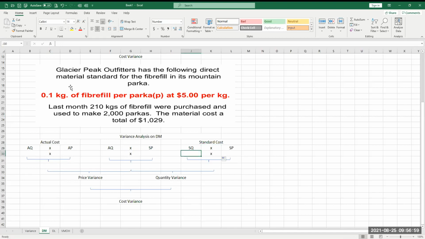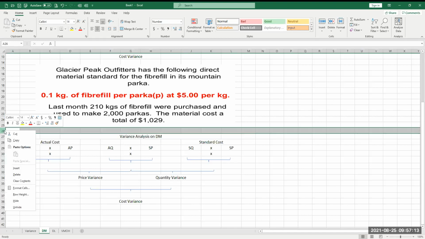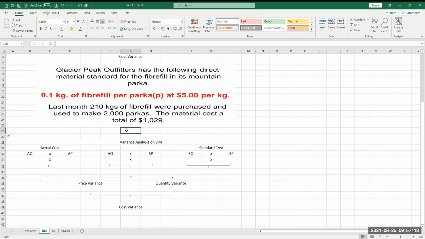Now, this company has the following direct material standard for the fiber fuel of its mountain park. They're using 0.1 kilogram of the fiber fuel at $5 per kilogram. This is our standard.